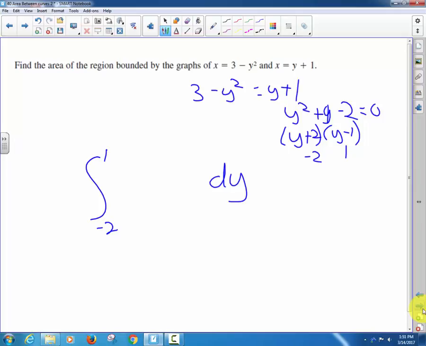What's the number between there? 0. If I put 0 in this one, what do I get? 3. If I put 0 in this one, what do I get? 1. Which one's on top? The highest one is, right? The 3 minus y squared, minus the y plus 1.